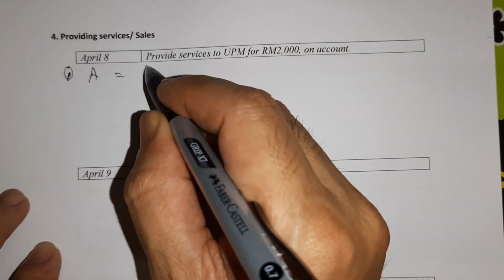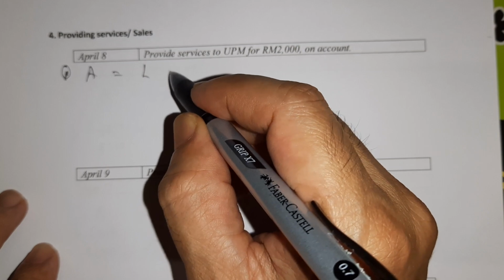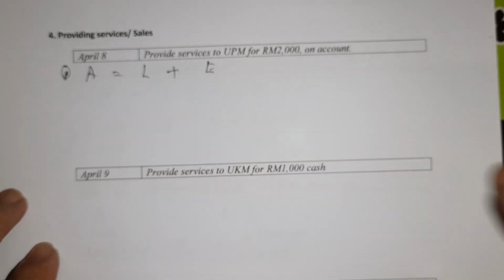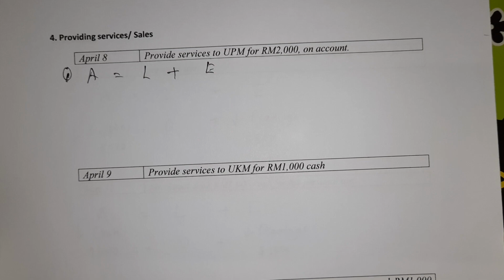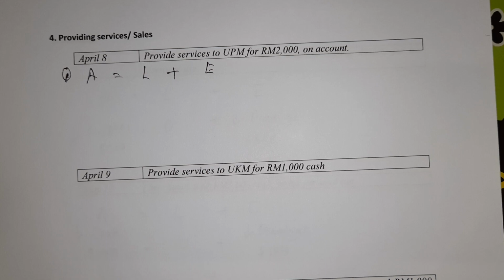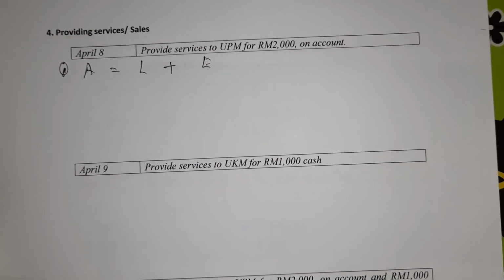Asset, liability, and equity. When the business provides services to UPM, always remember in accounting when a business provides services, the business has to record the revenue.